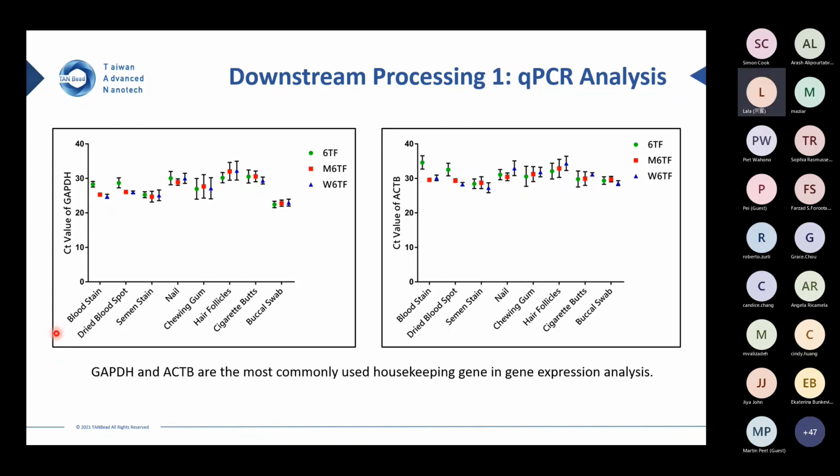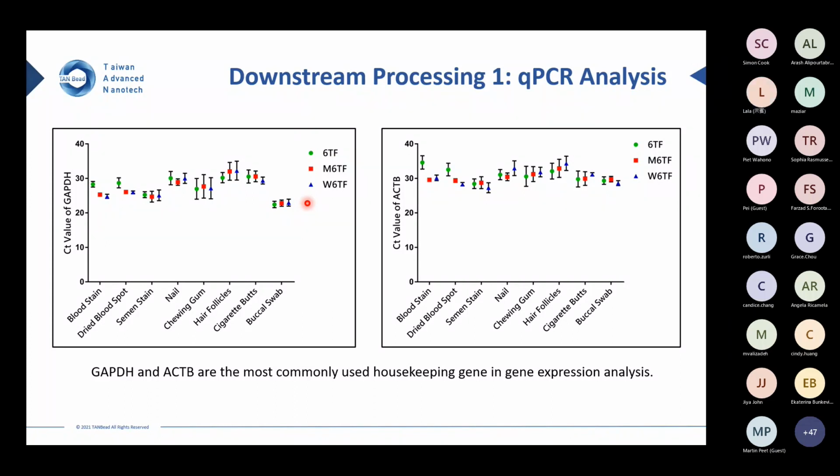Now, here we are working with 8 different types of samples: blood stain, dried blood spot, semen stain, nails, and others. For each of the samples, we extract them in 3 different instruments and their respective reagent kits. Each of them are replicated 3 times.